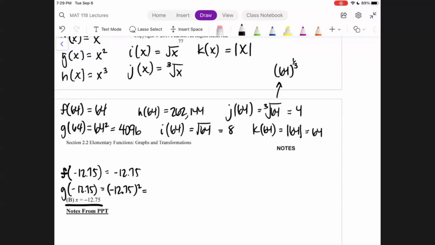So you get this really large number. We raise it to the second power. And we have H of negative 12.75. So that's cubed.